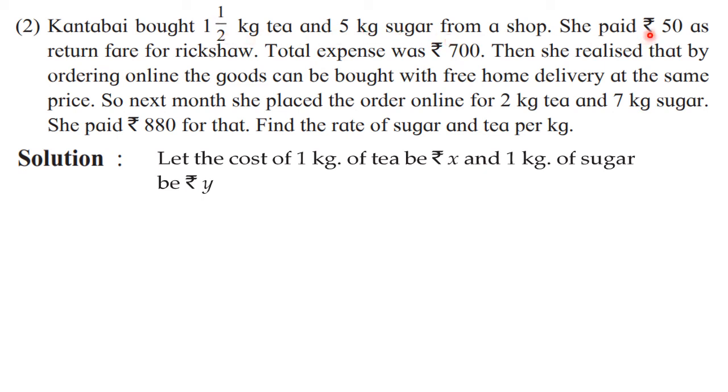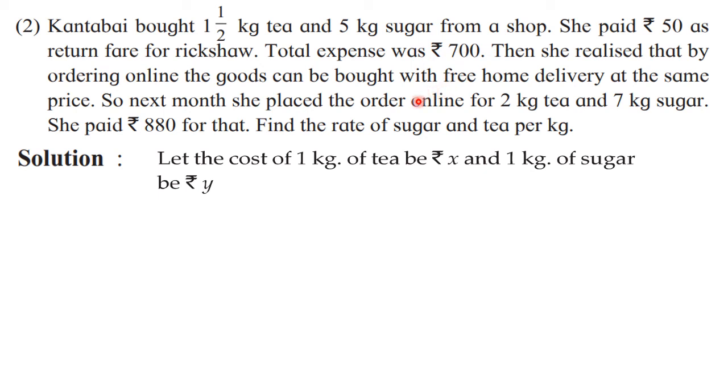The next thing to understand is that her expense was rupees 700, but from that 700, 50 rupees she paid for the rickshaw. So the cost of tea and sugar is not 700, it is 700 minus 50, that is 650. In a hurry, don't write 700 here.